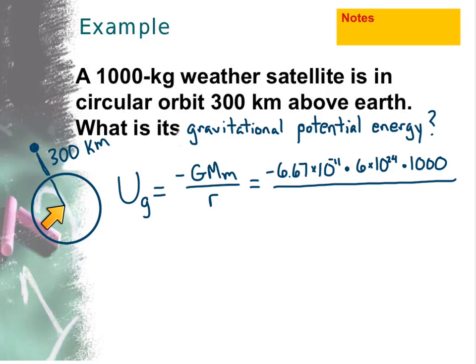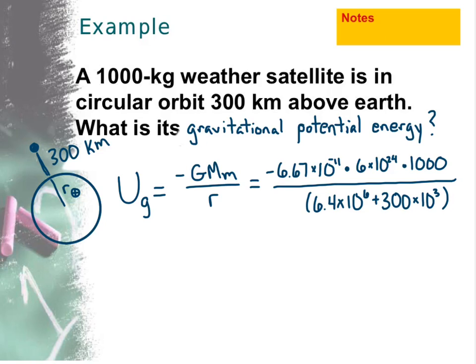Don't forget that we have to go all the way to the Earth's center of mass, which means we have to add to this the radius of the Earth. So in my denominator, I have to take the radius of the Earth, which turns out to be 6.4 times 10 to the 6 meters, plus 300 times 10 to the third, because that's how much 300 kilometers is.